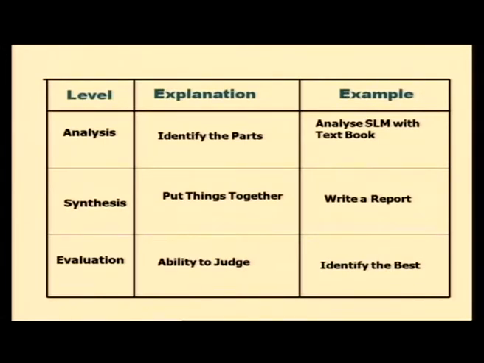Similarly, on the screen, analysis, synthesis, evaluation. For synthesis, an example is write a report. There are components of a report and you are combining them, that is synthesizing. An example of evaluation, a higher order of cognition, is identifying the best.